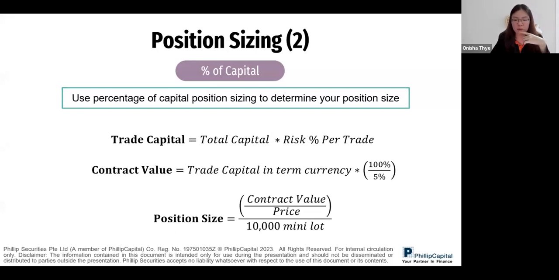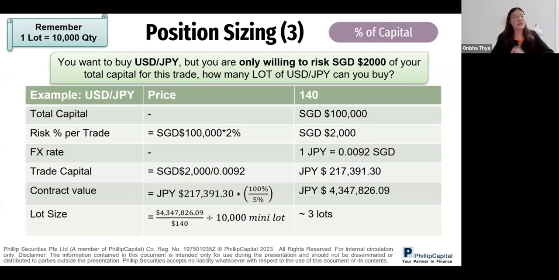So let's look at an example. Say you want to buy USD/JPY, but you're only willing to risk 2,000 of your total capital for this trade. How many lots of USD/JPY can you buy? Let's say the USD/JPY price now is 140, and your total capital is 100,000.